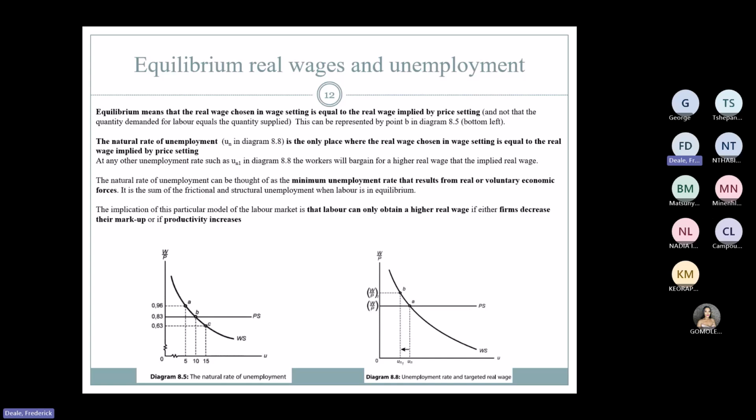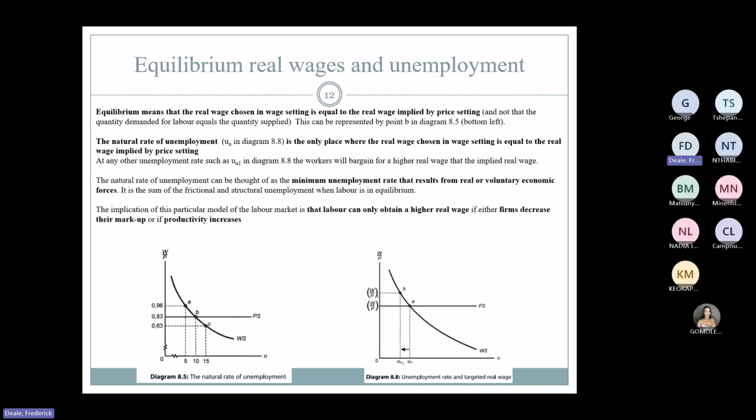Now, with frictional and structural, there are reasons why there are unemployed. People can be between jobs. People might not be skilled, or the workforce might not be skilled enough for the types of jobs that are out there. So that's really what the natural rate of unemployment is trying to pick up. It's a level of unemployment where everything is in equilibrium, and it's really just those frictional and structural reasons why maybe the economy has not grown enough to absorb the labor.